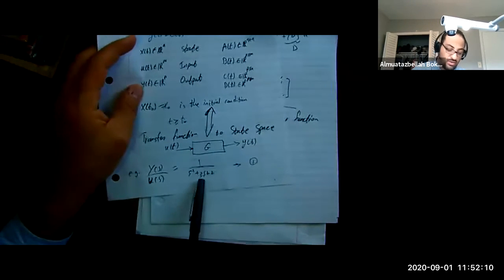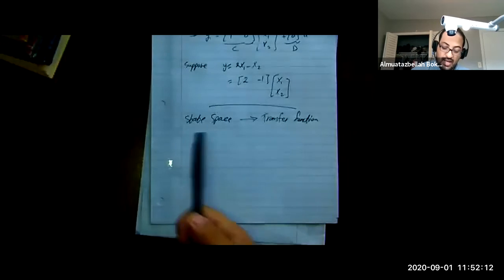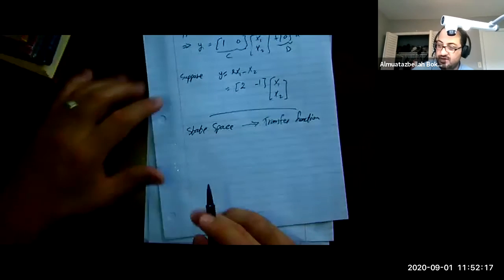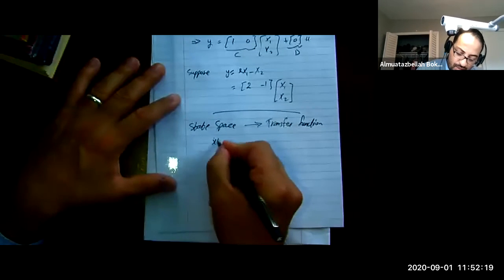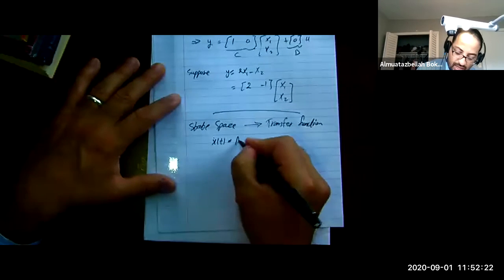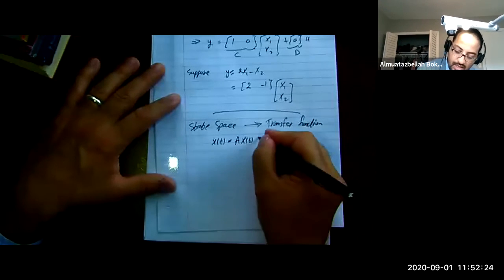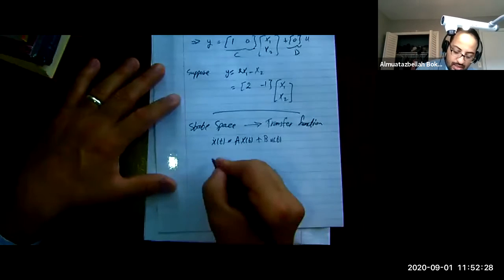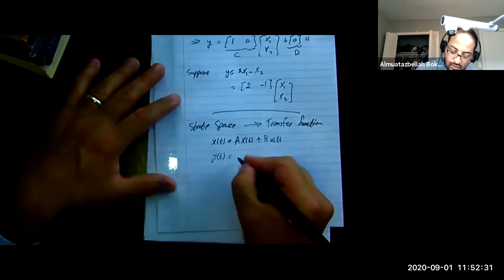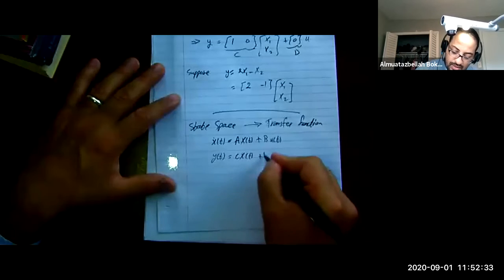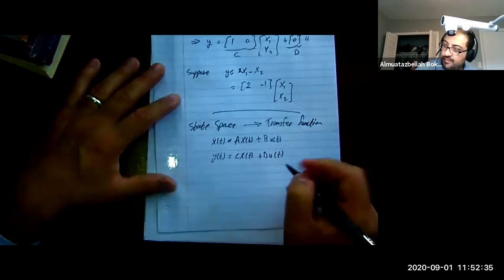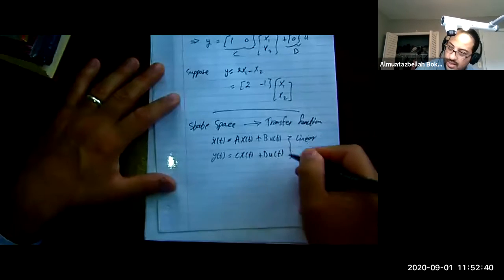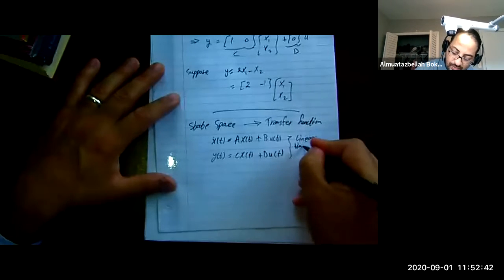So what I'm going to consider next is time invariant systems. So consider x dot of t is equal to A x of t plus B u of t, and y of t is equal to C x of t plus D u of t. So this is called a linear time invariant system.